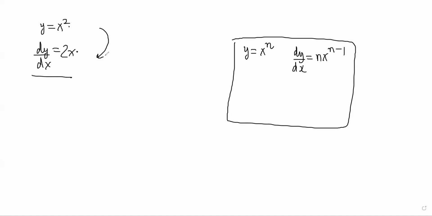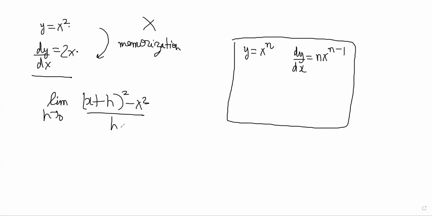Yes. And if you recall, this did not come by memorization. The method to remember it is not memorization. We actually did the derivation, right? It is basically this minus this by this, right? Yes, sir. I hope you are understanding. Yes, sir.